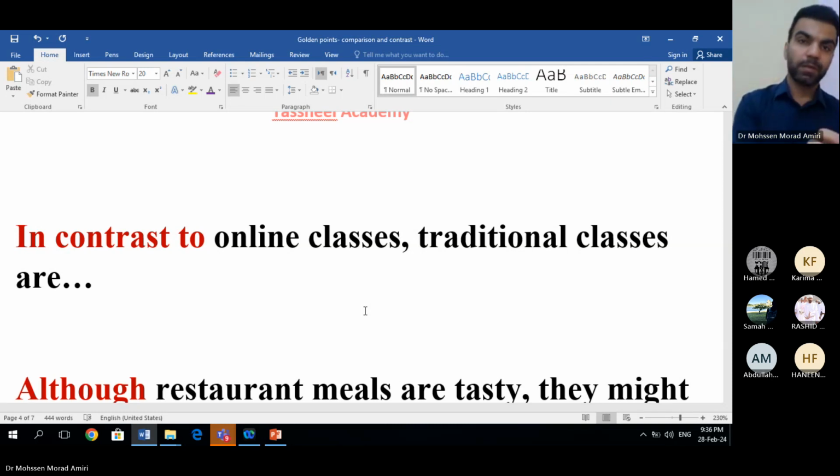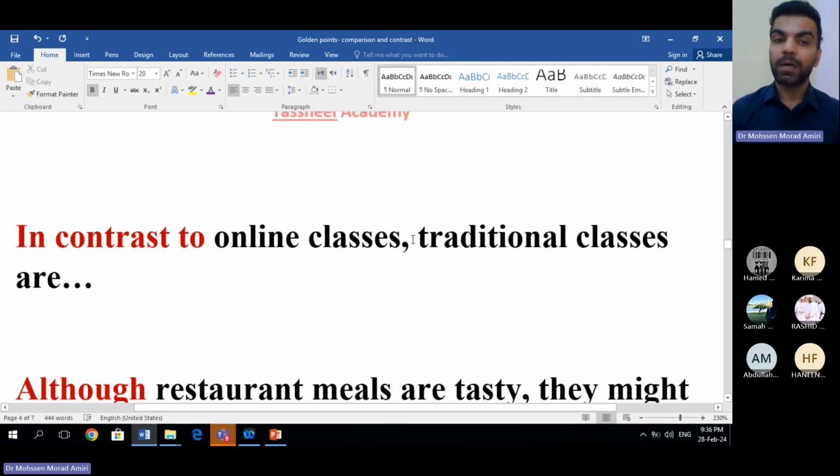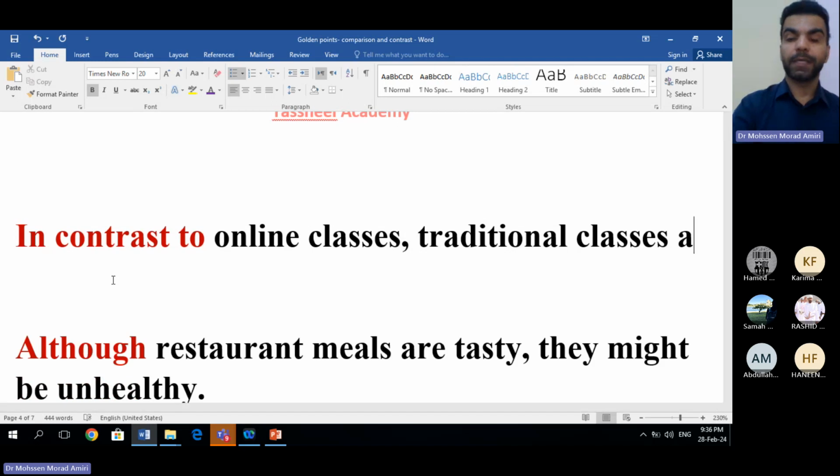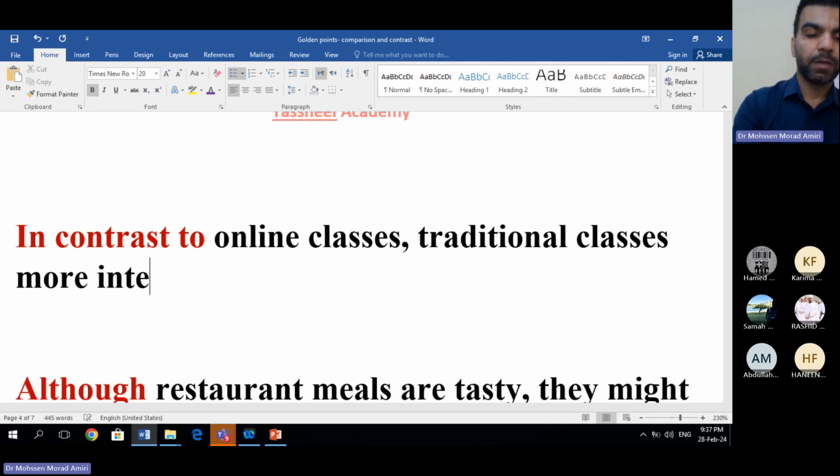But you need to know the template. In contrast to online classes, traditional classes are, for example, more interactive. In contrast to online classes, traditional classes are more interactive.